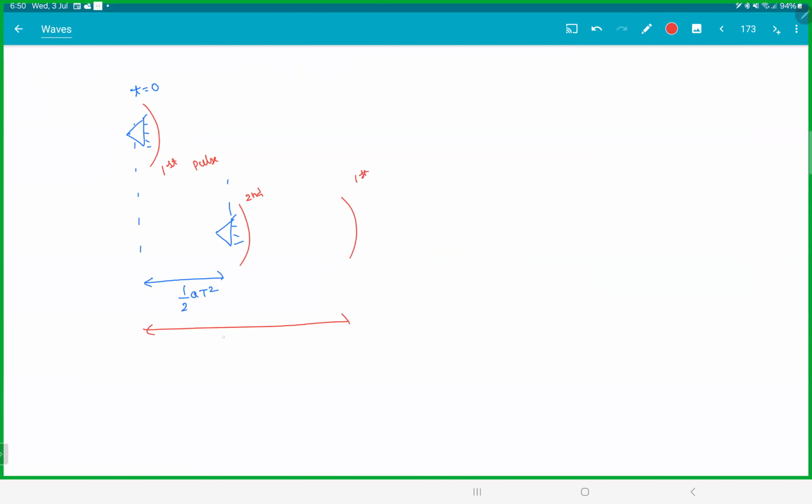This distance was C into T, meaning this was your lambda apparent. So lambda apparent would be CT minus half a T squared. And T is what? 1 by f. So f apparent would be C by lambda apparent. That will be C by (1/f minus a/(2f squared)). This is the first frequency.